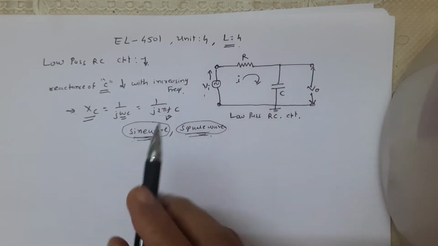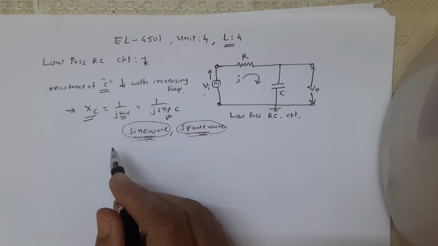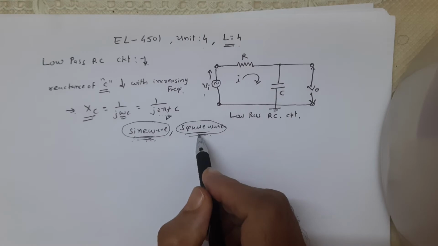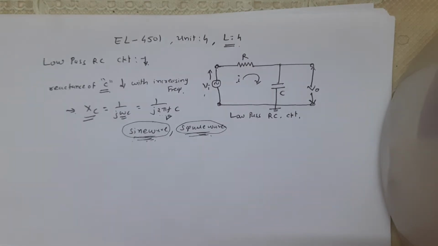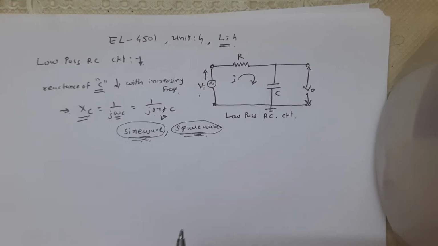In high pass also, when we apply a sine wave, we get the final equation with the help of mathematics. And when we apply a square wave, we discussed how the waveform looks at the output.